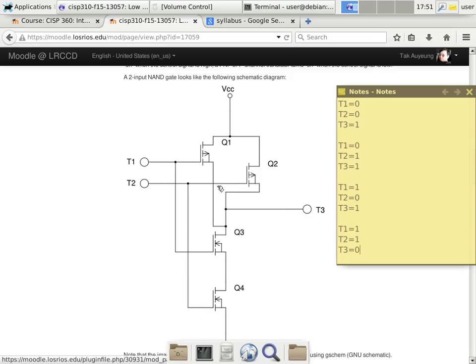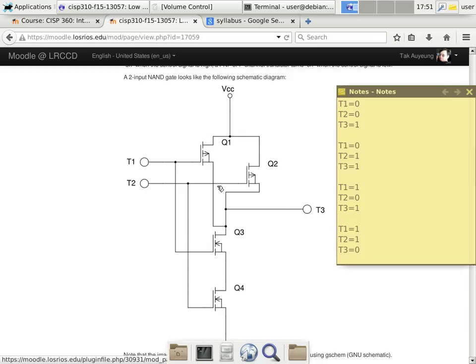Okay. All right. So now we want to go back to C++ programming. I'm assuming all of you have the prerequisite of CISP 310. Do you still remember logical operators? And, or, and not, right? Ampersand, ampersand for and, double bar for or, and exclamation point for negation, not.